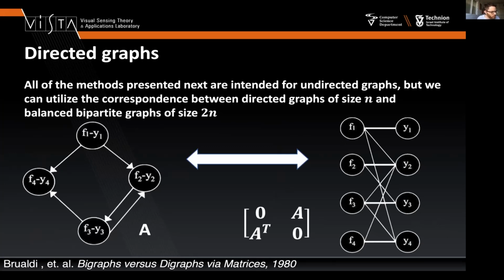One way to circumvent this problem, or to extend those methods to directed graphs, is to utilize the connection between directed graphs and bipartite undirected graphs of size 2n. You can go back and forth between these two representations, and essentially this means that you can work with just the adjacency matrix of the directed graph, or with the SVD of this adjacency matrix, and it's essentially the same.